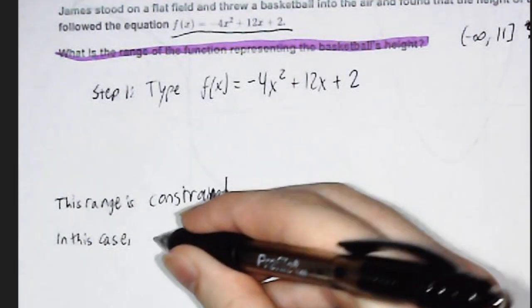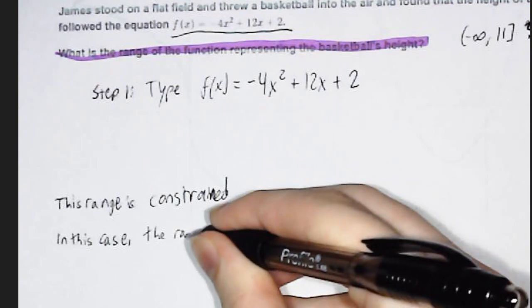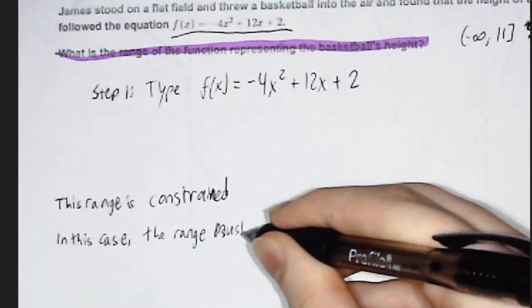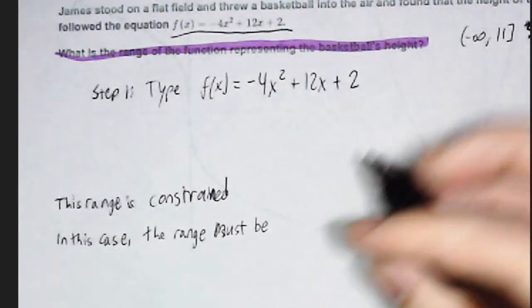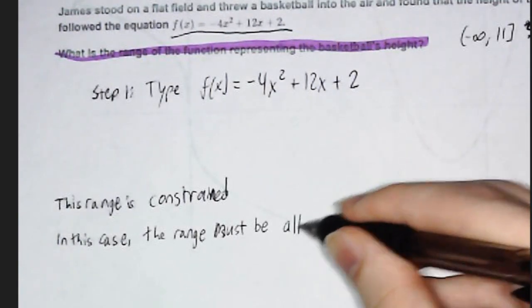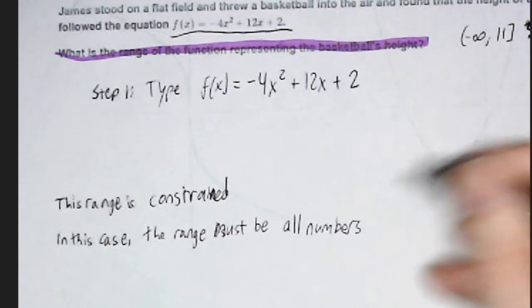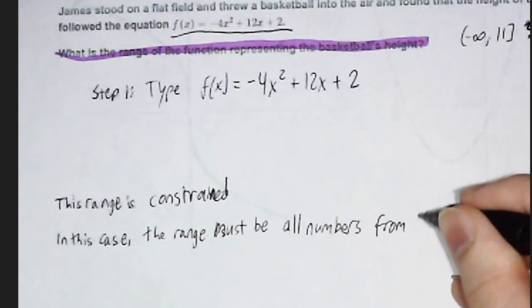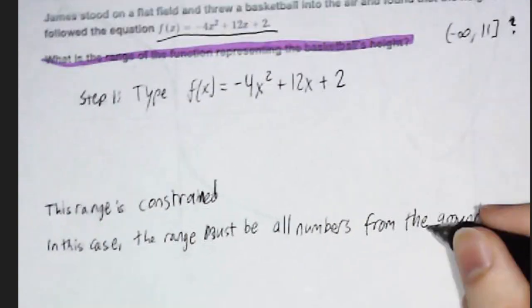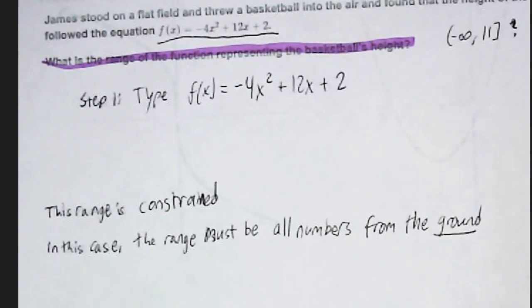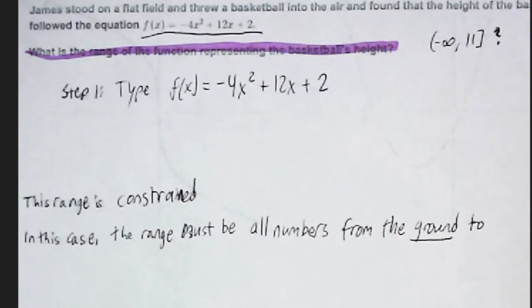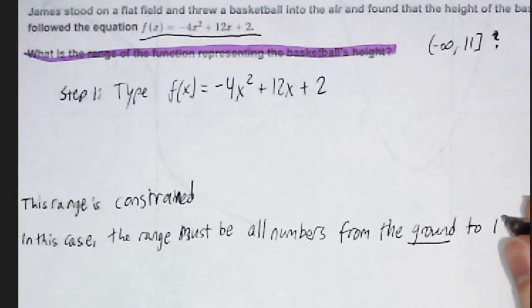So in this case, the range is limited, or the range must be all numbers from the ground to the peak of the trajectory, which is 11.